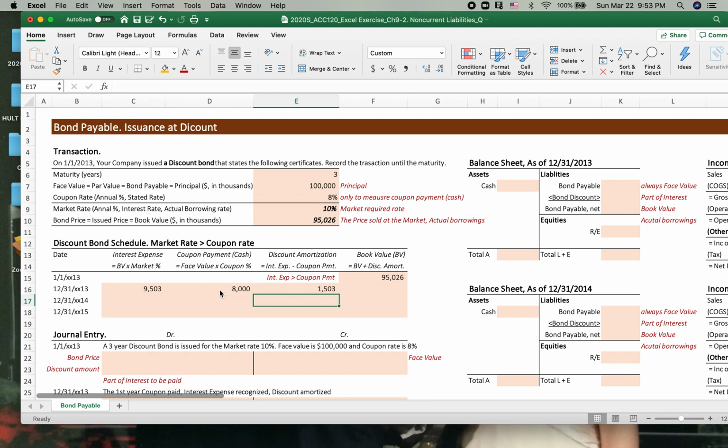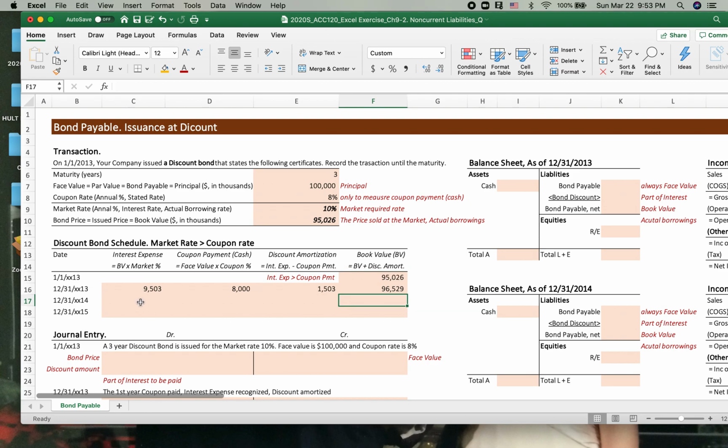But at the end of the maturity in 3 years, the company should give the investors $100,000, which is the par value, even though the company received $95,000 when they issued. So every year, the company will pile up this interest amount at year end by the difference between the interest expense and the coupon payment, which is the discount amortization. And this amount, as I mentioned, will be increased.